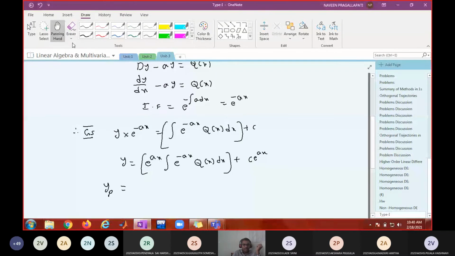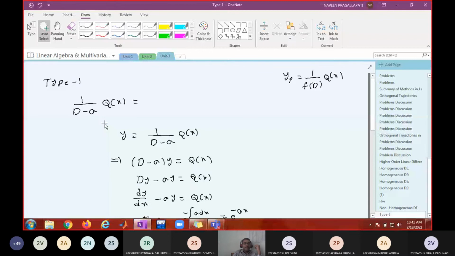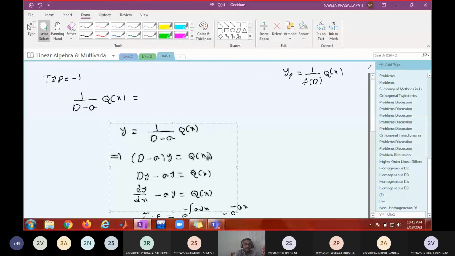So what will be the particular solution? One particular solution is e power ax into the integral of e power minus ax Q of x dx. What am I denoting this y by? 1 by D minus a into Q of x. Is this clear? Yes. Okay, so that is how we will be computing the particular solution.